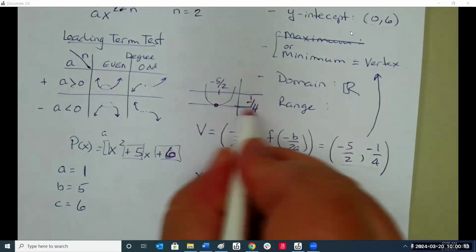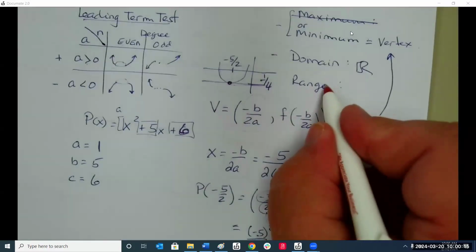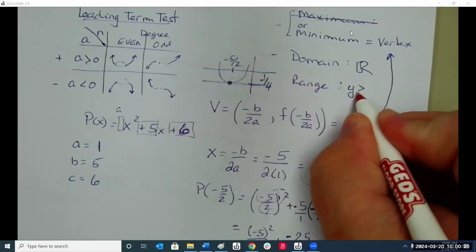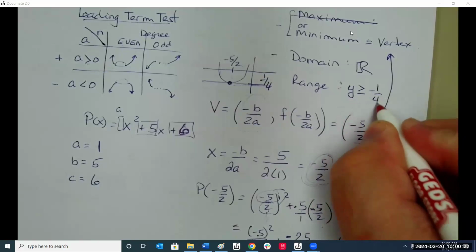And it opens up. So our range is y is greater than or equal to -1/4.